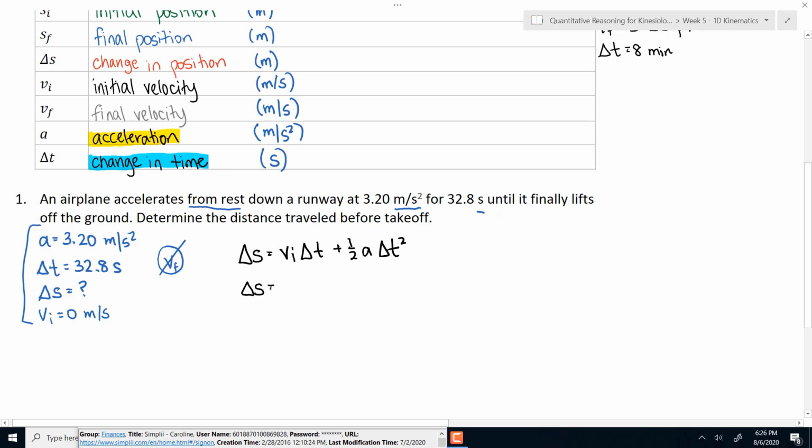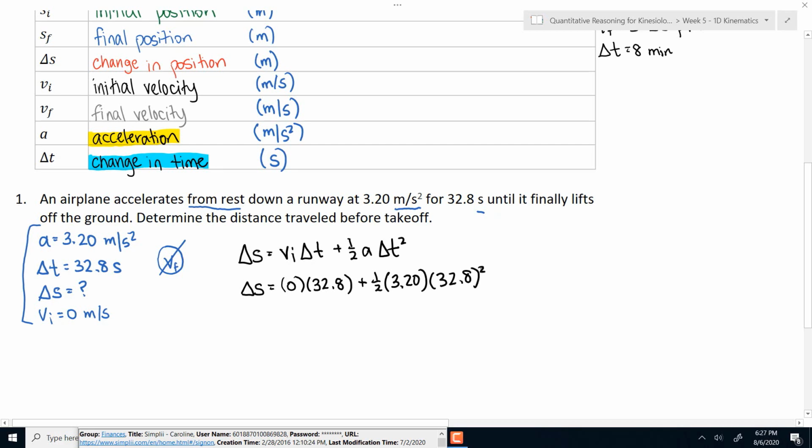We're just going to leave it the way it is. V initial is 0. I'm subbing in the values that I know in brackets. Delta T is 32.8, plus 1/2. A is 3.20, and then delta T again is 32.8 squared.